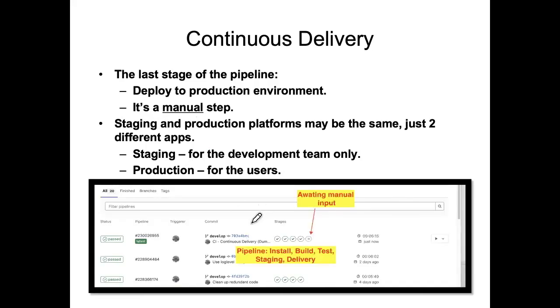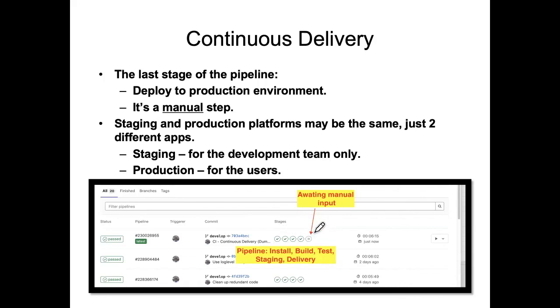Now, when I say that the last step in that pipeline for continuous delivery is manual, the way that actually looks in GitLab is illustrated in this screenshot here. So here's my pipeline. Here's my install, here's my build, here's my test. This is my deploy to staging. The last phase of the pipeline doesn't execute automatically.